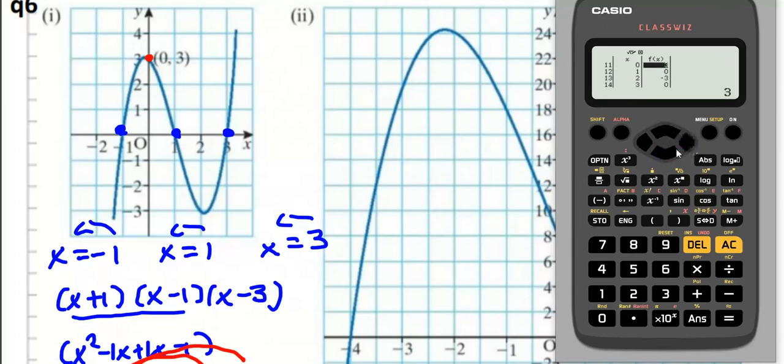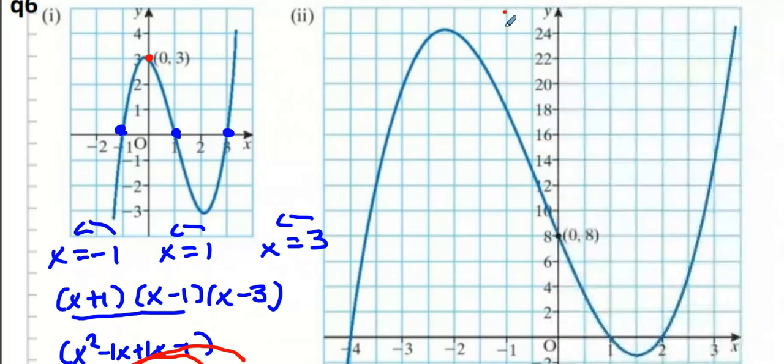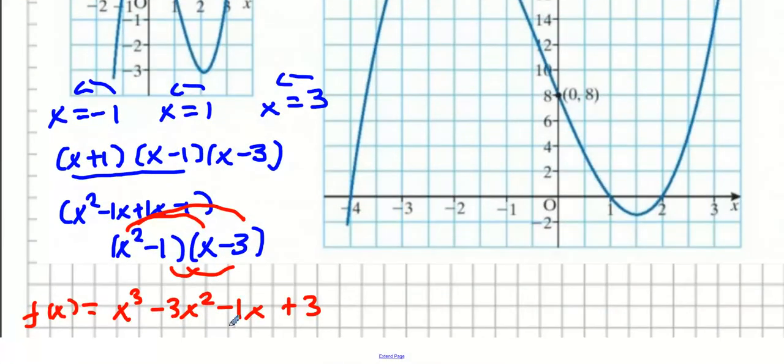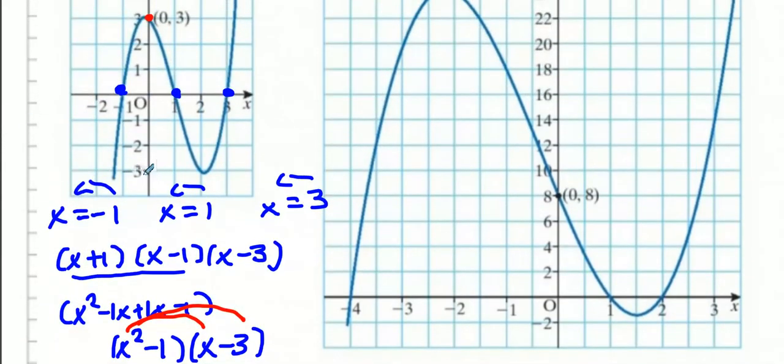Everybody see it? 0, 3. So that means I don't have to correct one. For argument's sake, if it crosses 0, 6, what would I have to do to my answer? I'd multiply the whole answer by 2. For argument's sake, if it crossed at minus 3, what would I need to do? Multiply by minus 1, because it's in the opposite direction.